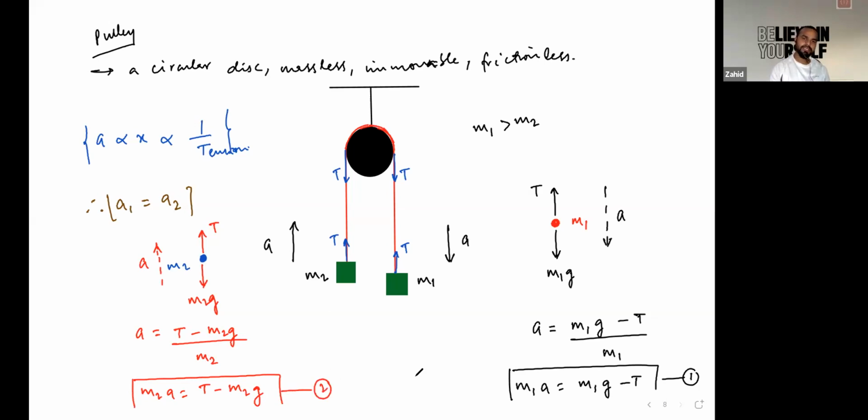First of all, write it down. Then you'll find the acceleration by adding these two equations, and on dividing them, you will get the value of tension. Try to simplify it.